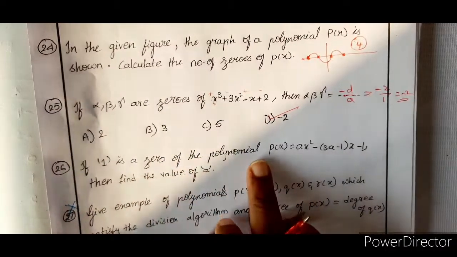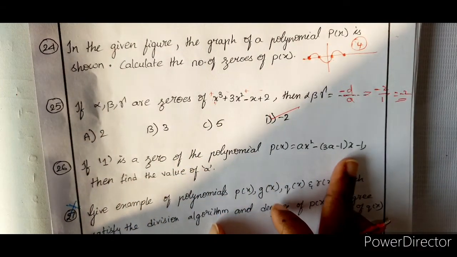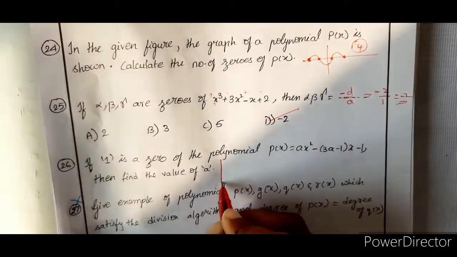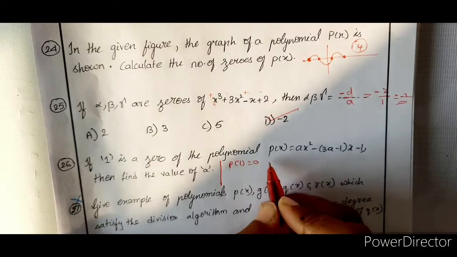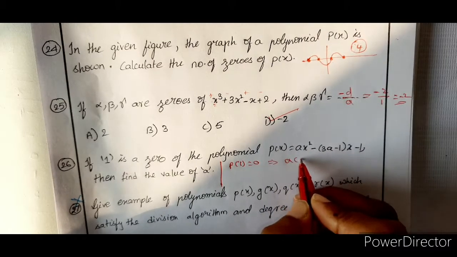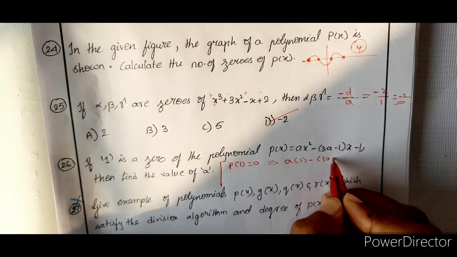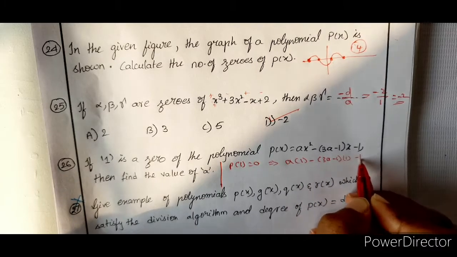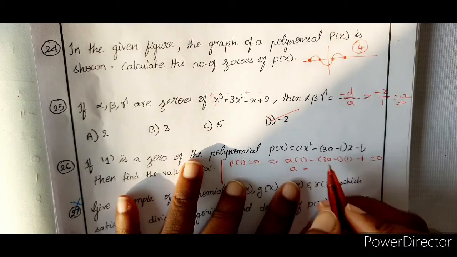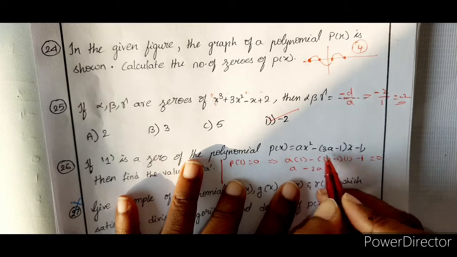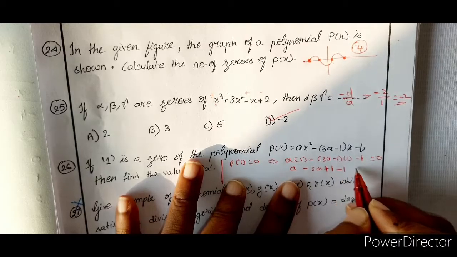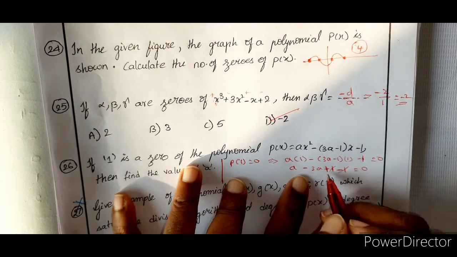Right, if 1 is a zero of the polynomial, then find the value of a. So here itself we can do. P of 1 is equal to 0 implies a x square, that is x square is 1, a into 1 minus 3a minus 1 into 1 minus 1 is equal to 0. Or a minus 3a minus 1 into, that is minus 3a plus 1 minus 1 is equal to 0. 1 minus 1 will get cancelled.